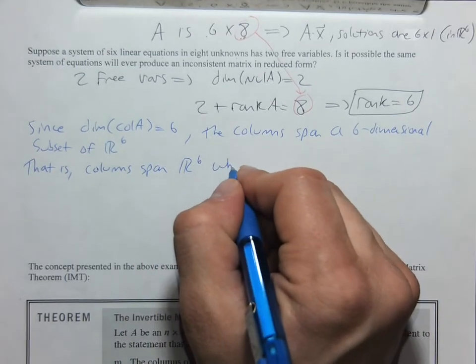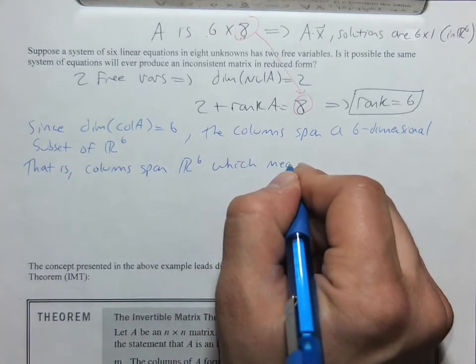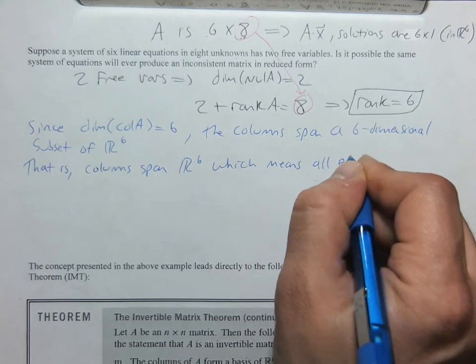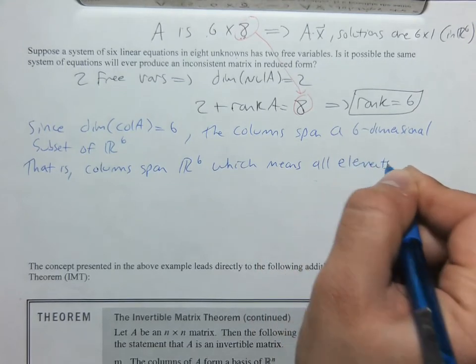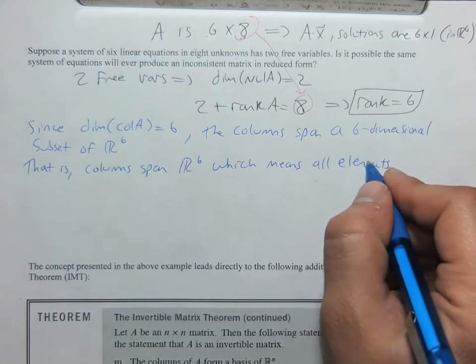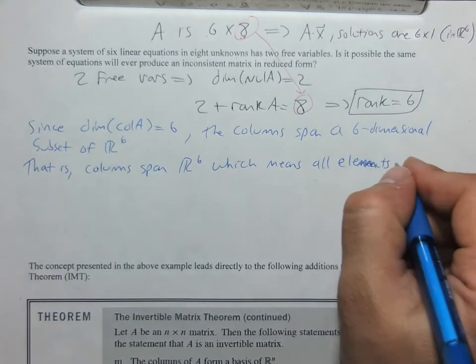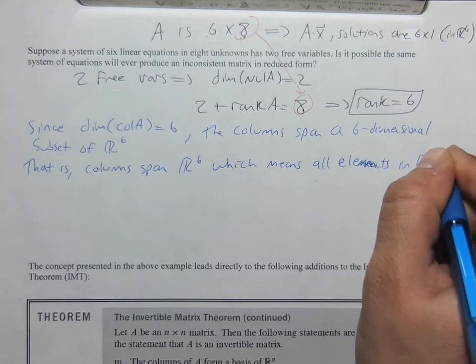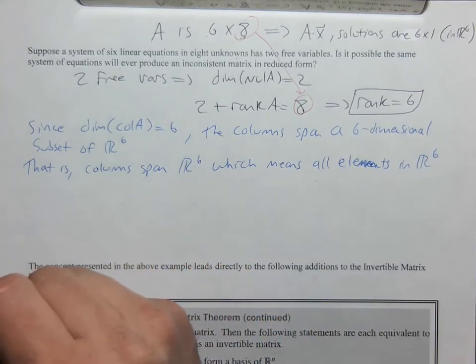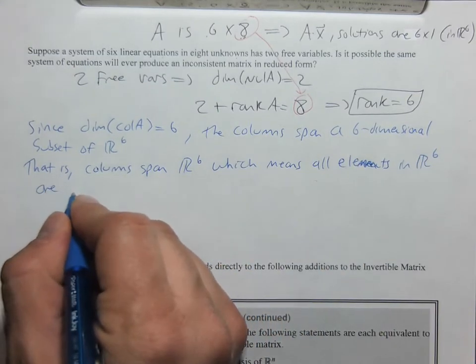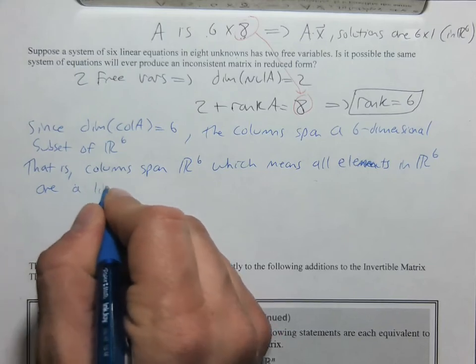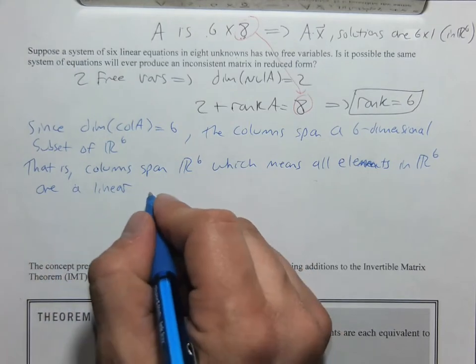And what that means practically is every element in R6 is a linear combination of the columns.